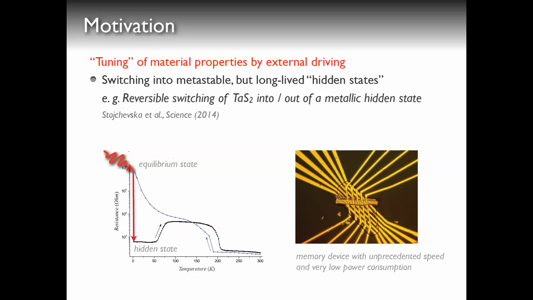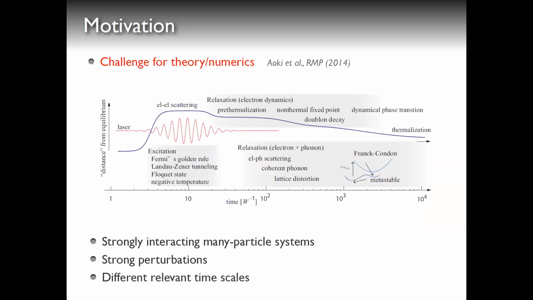So the switching is orders of magnitude faster than in any semiconductor memory device. And also the energy consumption of this device is very low. So this example shows that by controlling the non-equilibrium properties of correlated materials, one may eventually find new important technological applications for these states.